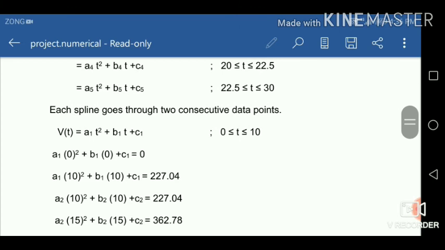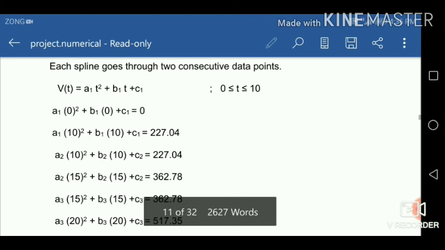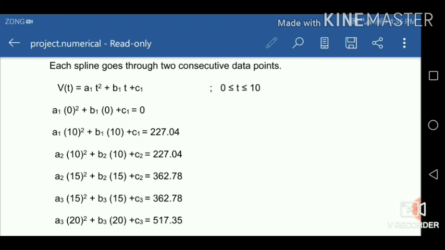Each spline goes through two consecutive data points, so we define the above splines at those points. For v of t equals a1 t squared plus b1 t plus c1 on the closed interval 0 to 10, we put 0 and then 10 in the first spline.